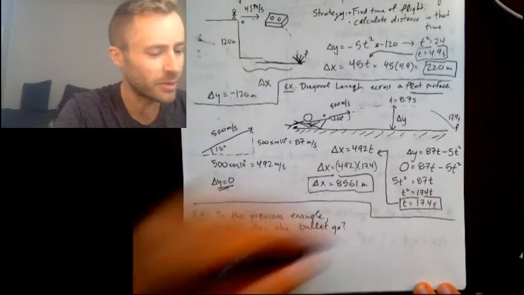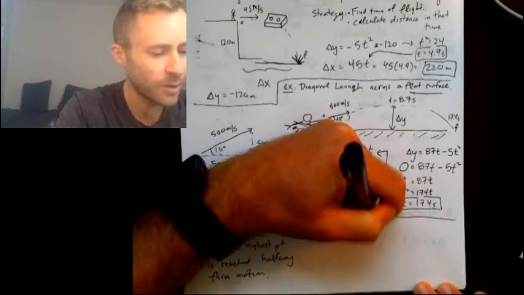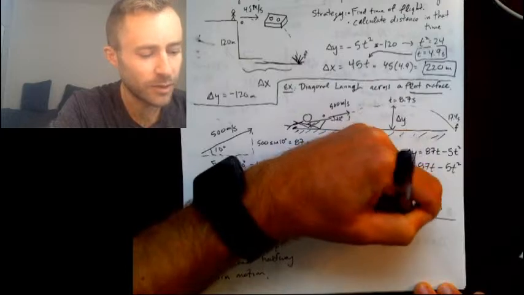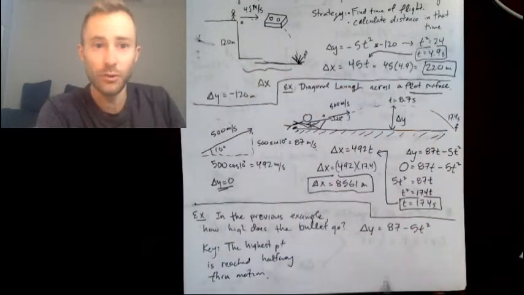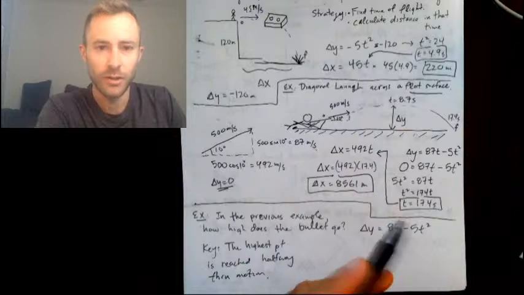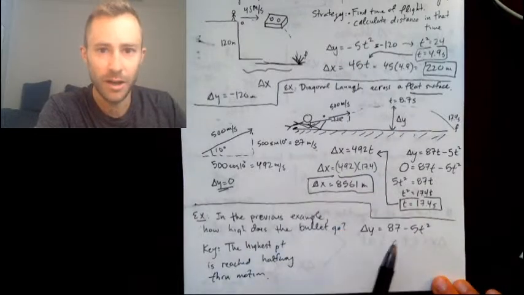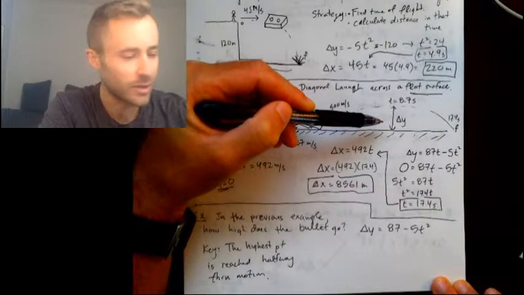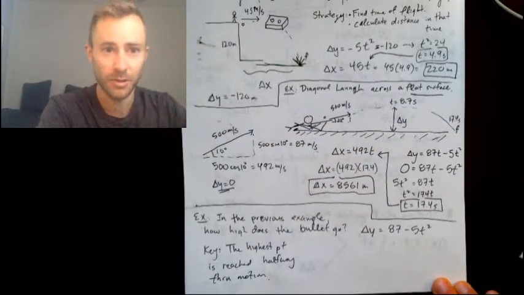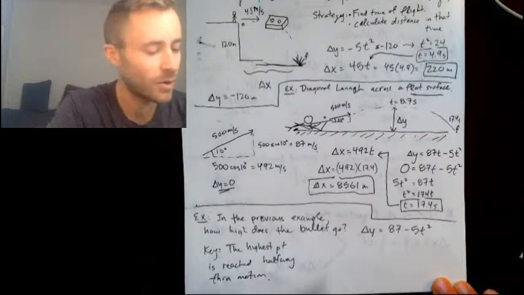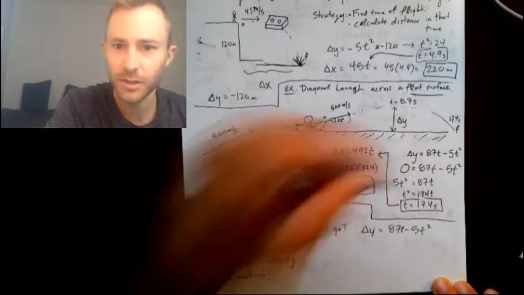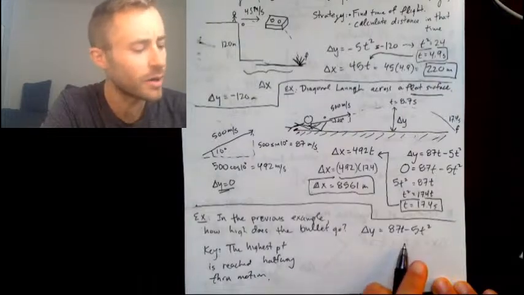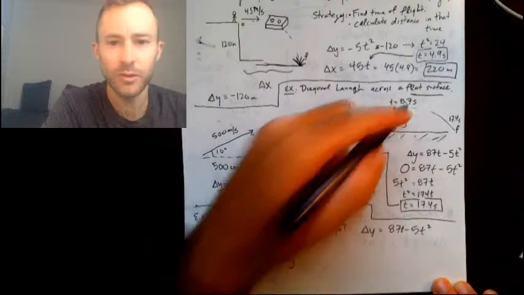So what I'm going to do is take my delta y equation, which is 87t minus 5t squared, and reuse it. In the last one, we set delta y equals 0, but now obviously delta y is not equal to 0, okay? Because it's the highest point. The projectile does go up in the air along its trajectory. Instead, what I'm going to do is plug in t equals 8.7 seconds.